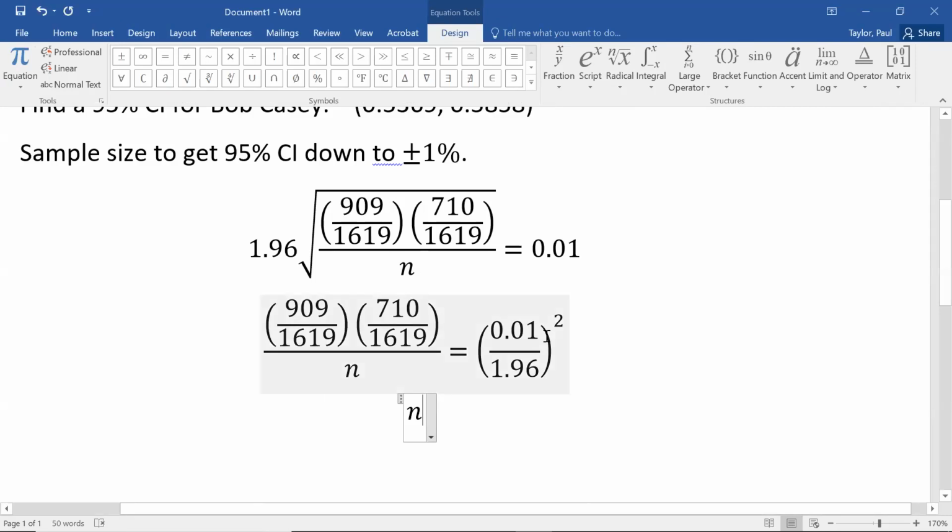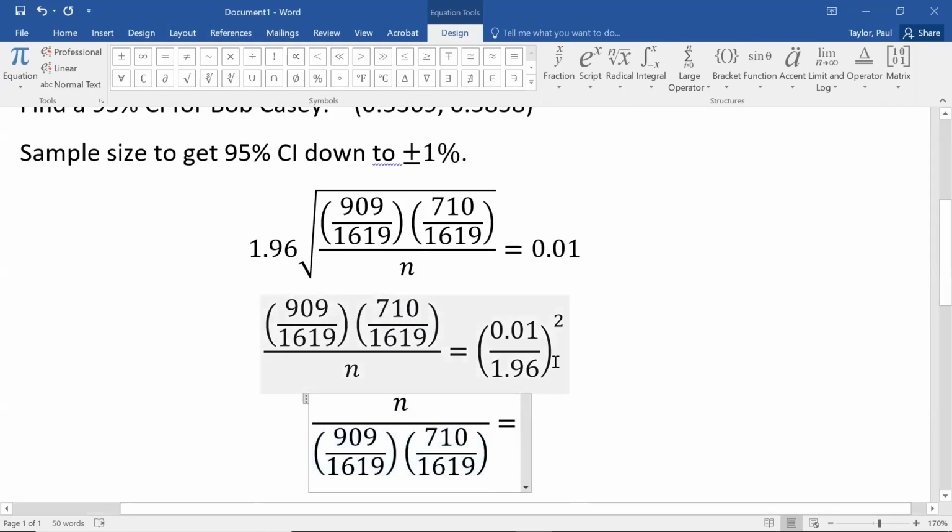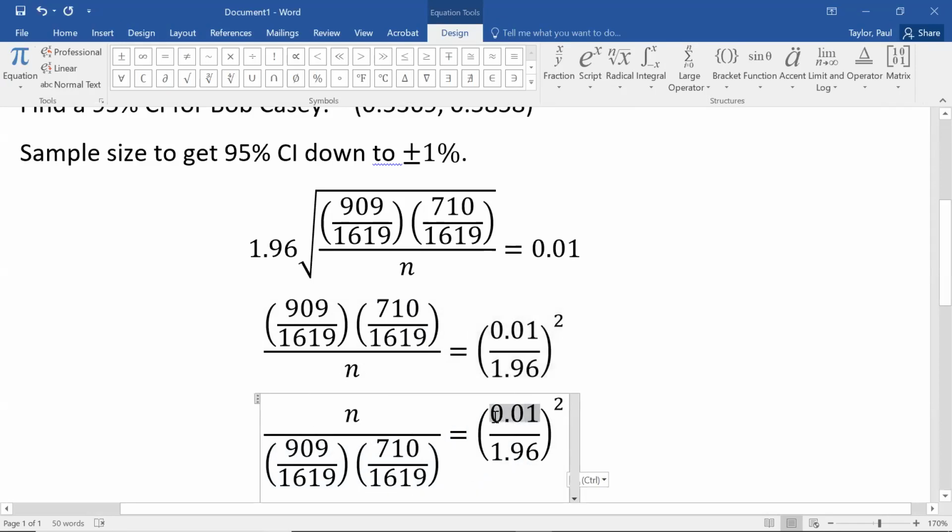So n divided by this stuff is equal to this thing, but upside down: 1.96 on the top and 0.01 on the bottom.